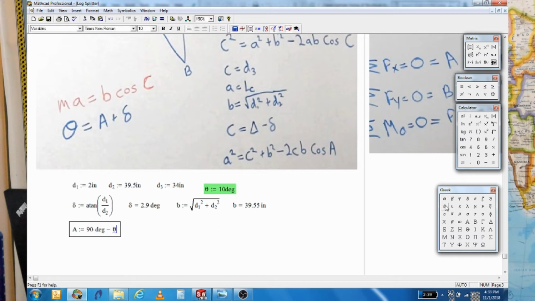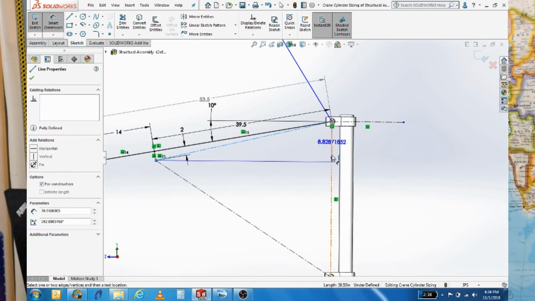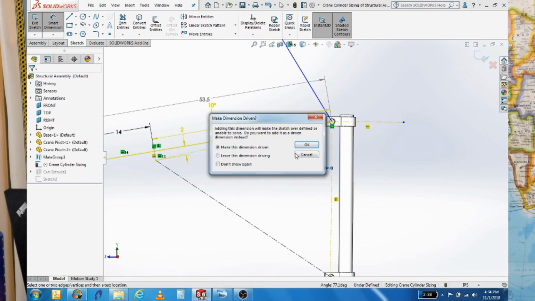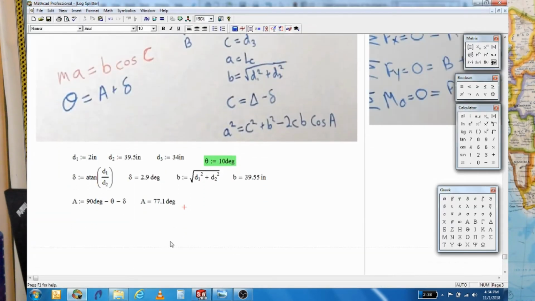So we'll put in 90 degrees, minus theta and minus delta. Okay, so let's look at SolidWorks here. We can simply put in an angle here, and we're going to use these two construction lines, and it equals 77.1 degrees, which is exactly what our angle was here. So let's count that as a win in our book.